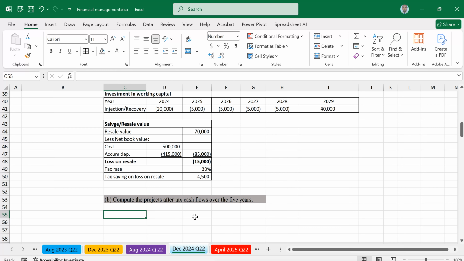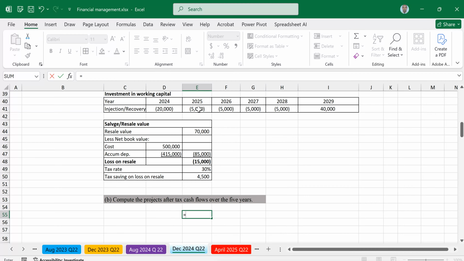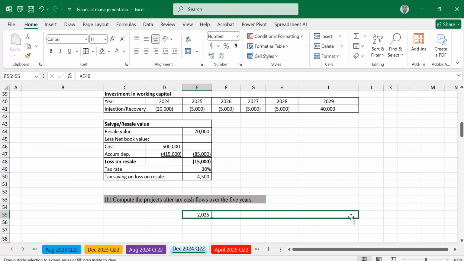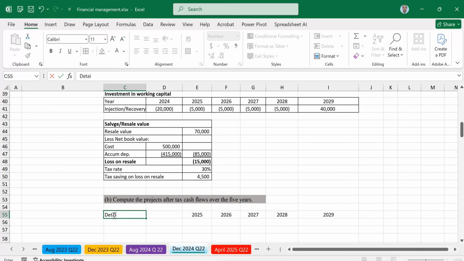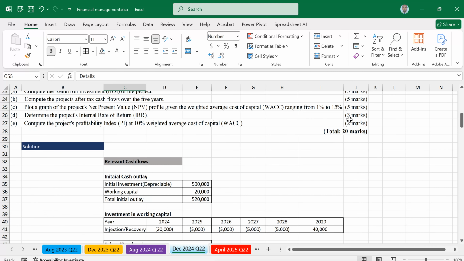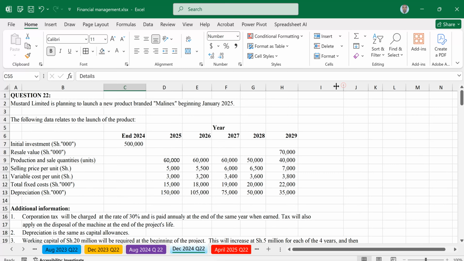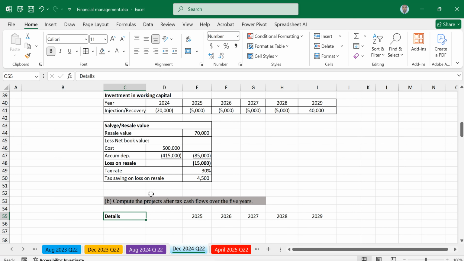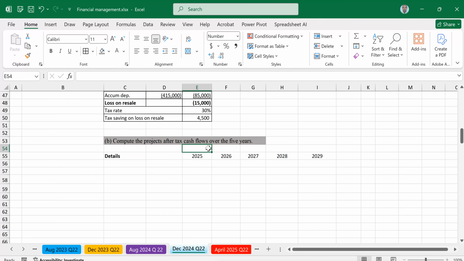The years are from 2025, so equal sign, then click on the 2025, drag across. Those are our years. Then we have our details.